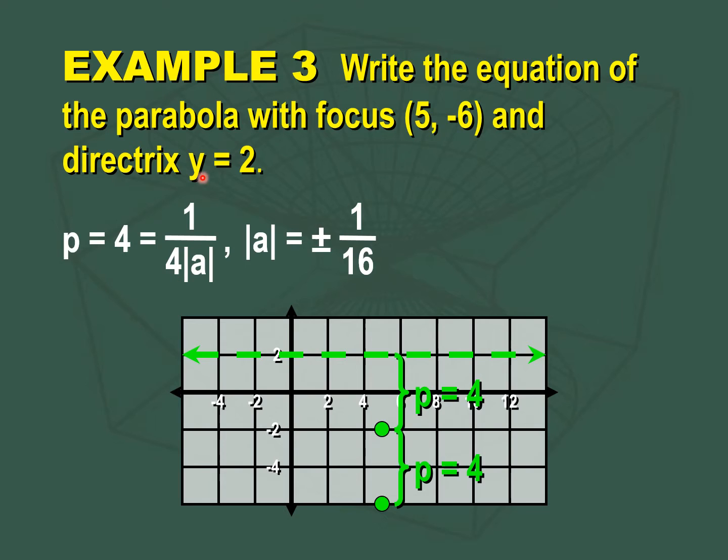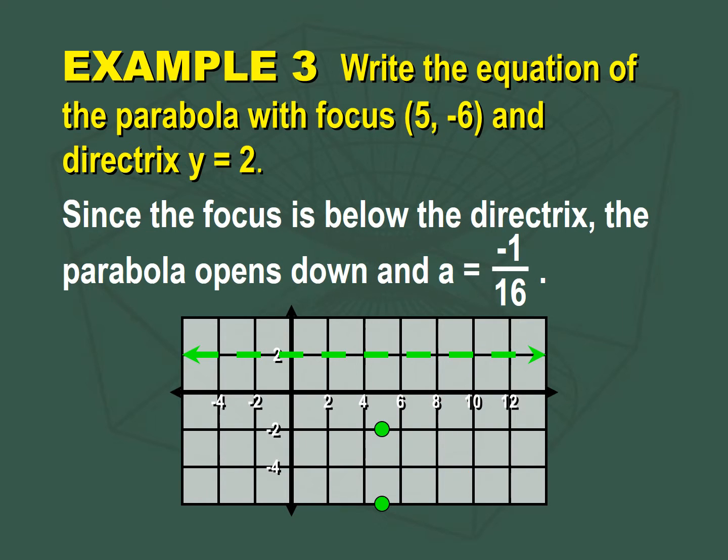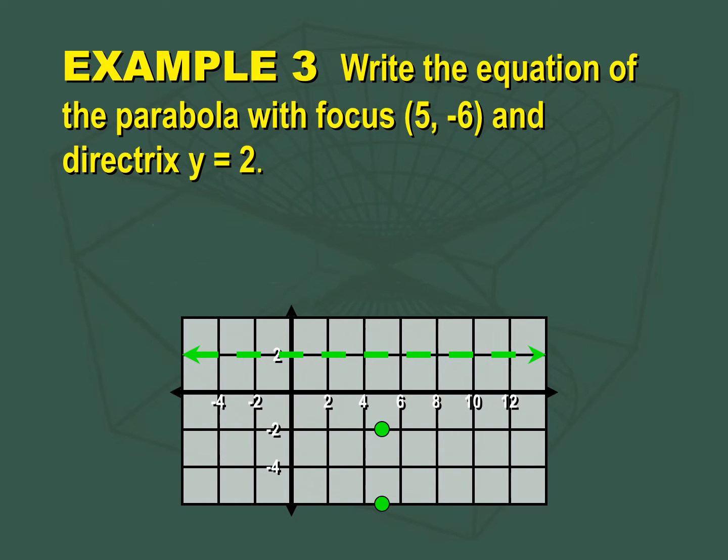So I had 1/4 divided by 4, which is the same as saying 1/4 times 1/4, which gives me 1/16. And because it's the absolute value, I get plus or minus. So my a value is plus or minus 1/16, which means my equation is going to be y equals negative 1 over 16 times x minus 5 squared minus 2.